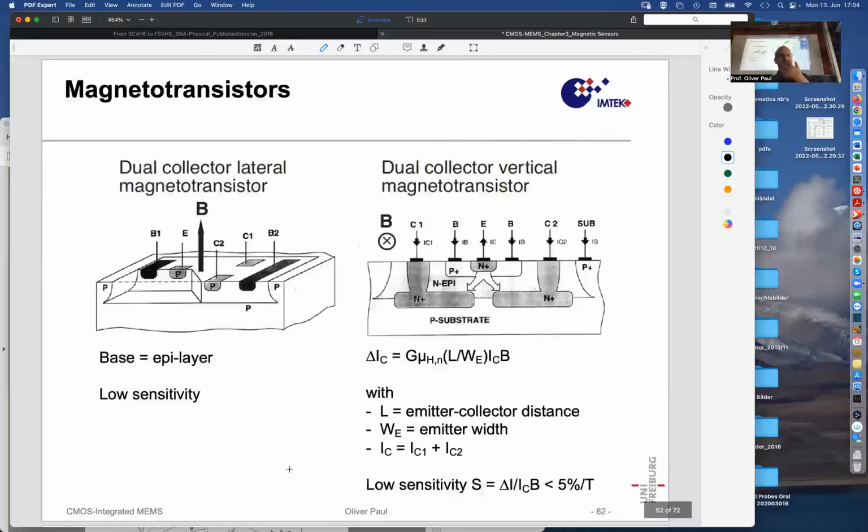Or also it has been tried with transistor-like structures. So these are magneto transistors. It is easiest to observe in this vertical device that is fundamentally based on a bipolar transistor.